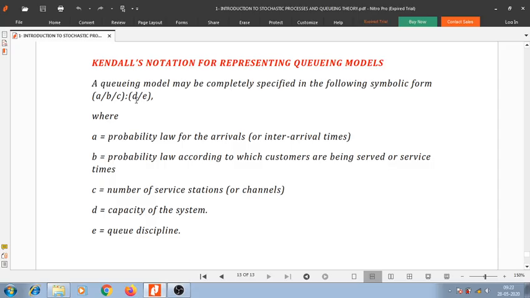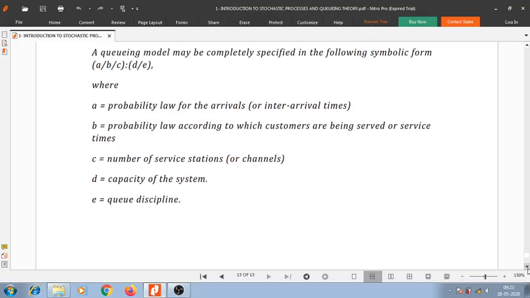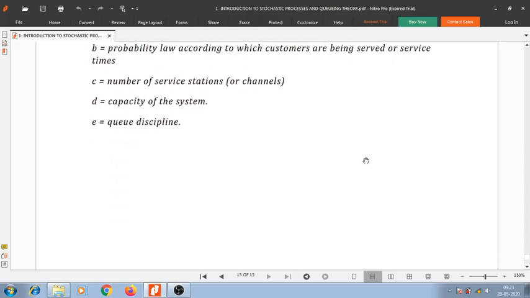D represents the capacity of the system, either finite or infinite. E represents the queue discipline. So these five alphabets represent the queuing system. Once again, A arrival process, B service process, C number of service channels, D capacity of the system, and E, what is the E here? The queue discipline. So this representation is useful in understanding a queuing system. Okay?